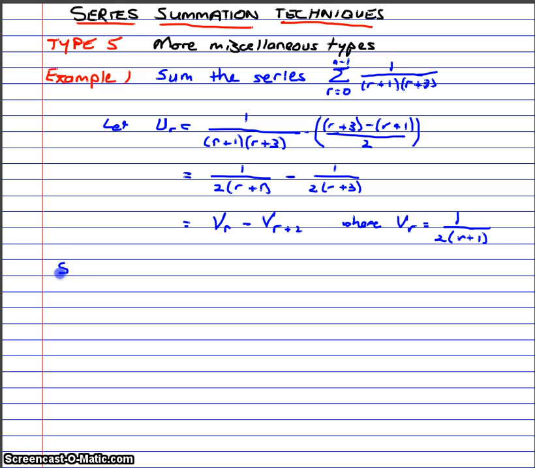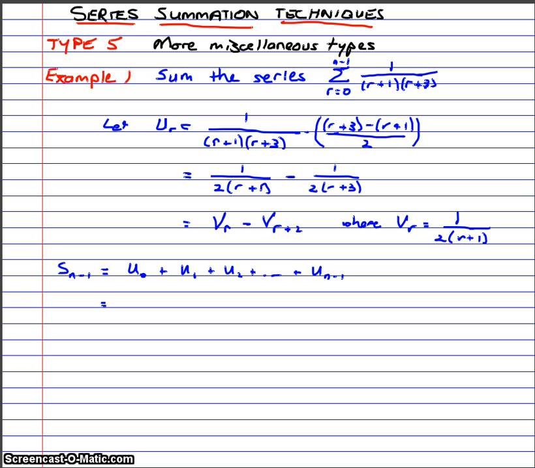Now we are summing to n minus 1 terms, but we're starting from 0, so it's going to be not u1 but u0 plus u1 plus u2 and so on, and then finishing at u sub n minus 1.